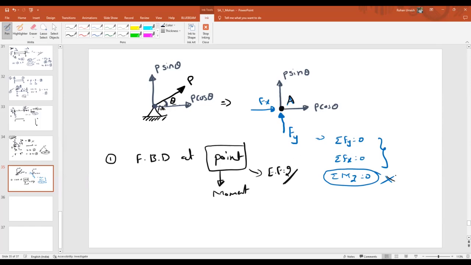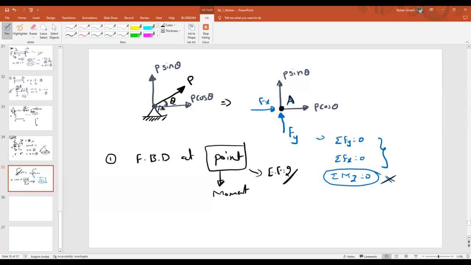There is no possibility of external moments acting at point A. And then by looking at the equations, you can simply say what the reaction effects could be. As P cos theta is acting in the right direction, how can you balance it?